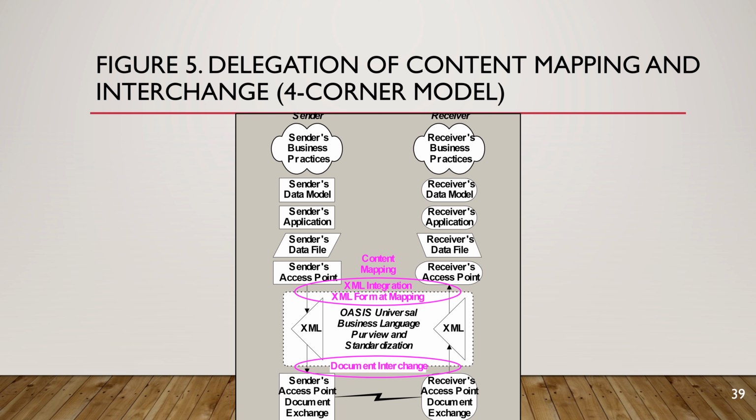And then that agent makes that available to the receiver's access point, and it's the receiver's access point that then takes that universal format, translating it back into the format that the receiver's application wants to use, and everything works. This is called the four-corner model.